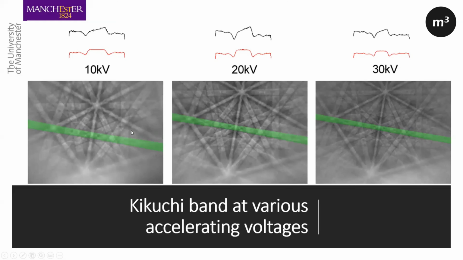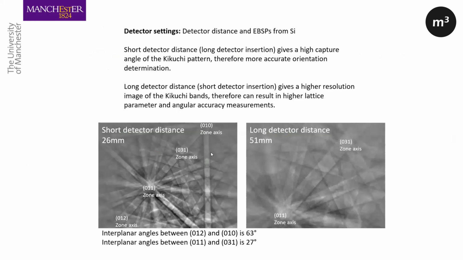So the interaction volume here at 10 kV is lower, but you can see that the bands are wider as well. Depending on the pattern signal to noise ratio, this can cause a problem, and detecting these wide bands can also be an issue. But typically we use 20 kV, where we get the best of both worlds, sort of, interaction volume and quality of the bands.